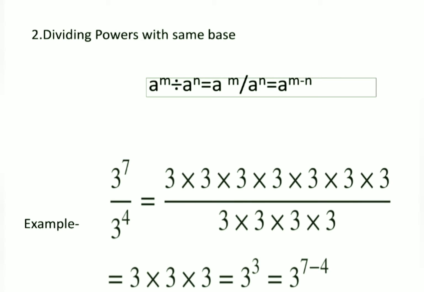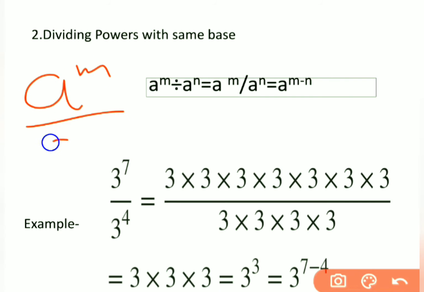Students, you will see the law written on the screen as a raised to the power m divided by a raised to the power n, or we can say a raised to the power m upon a raised to the power n is equal to a raised to the power m minus n.